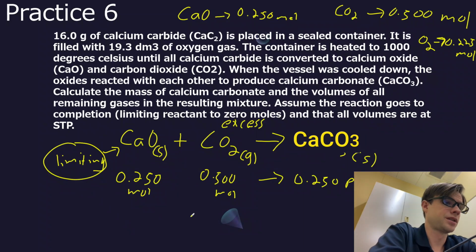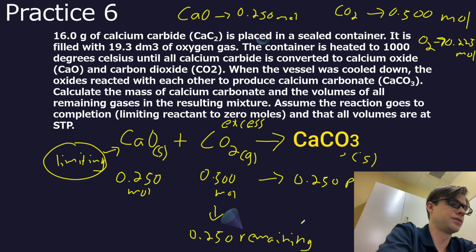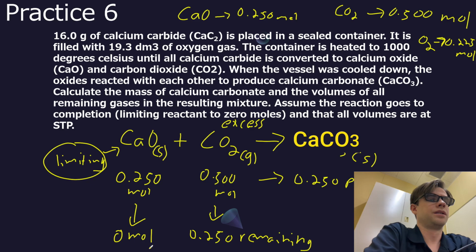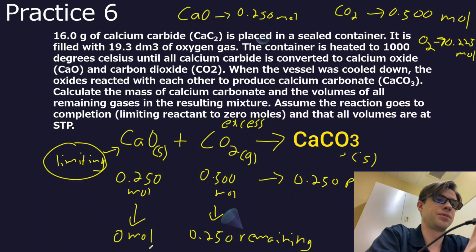So this will go down to 0.25 remaining, whereas our limiting goes to 0. Now this is helpful. A question is asking, what's the mass of calcium carbonate produced?